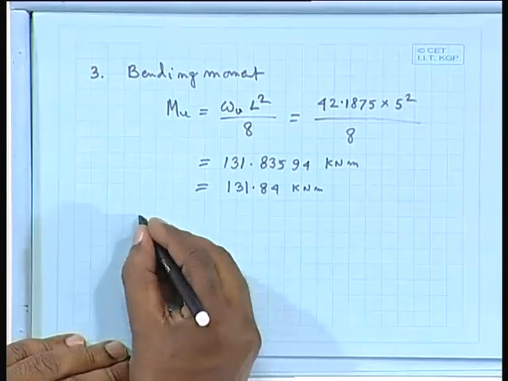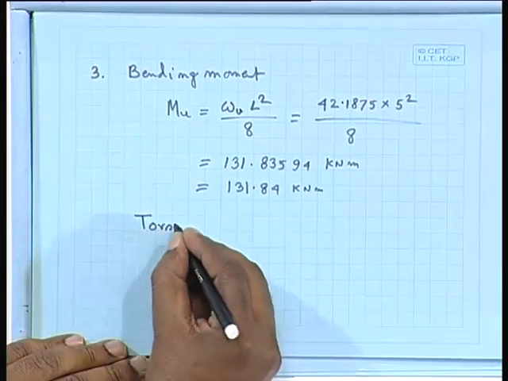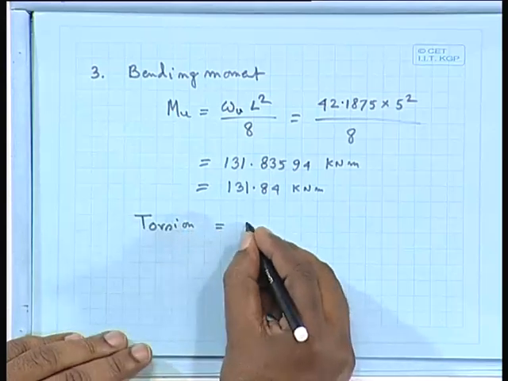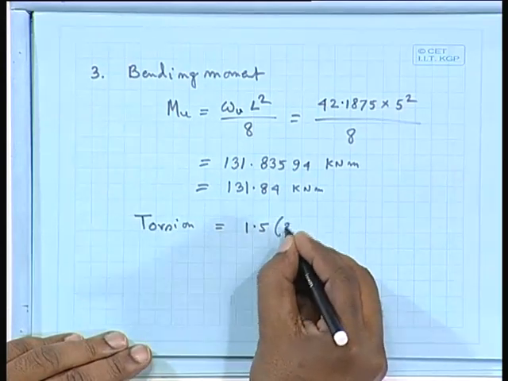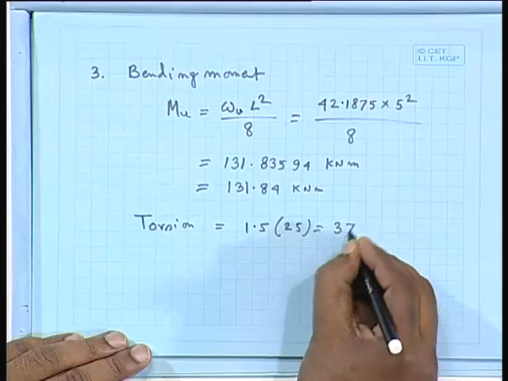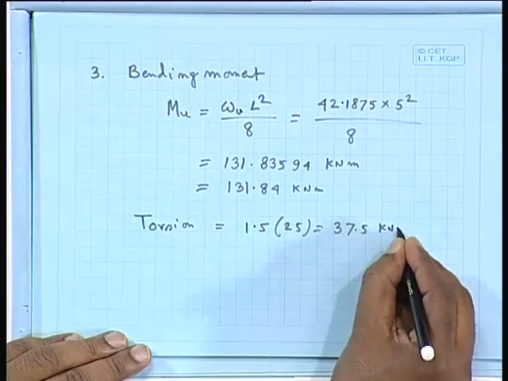Now what about the torsion? That is equal to 1.5 times 25, so 37.5 kilonewton meter.